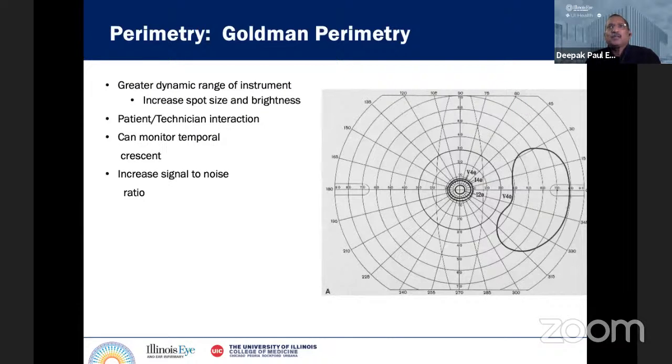Otherwise, it's a useless test. Here you see a patient with a central island and a large temporal island in the periphery. In your Humphrey visual fields, you're really measuring only this. You're missing out on this visual field. Is that important? Maybe yes, maybe no. But this is what's responsible for acuity, and I think that's what you really want to measure.